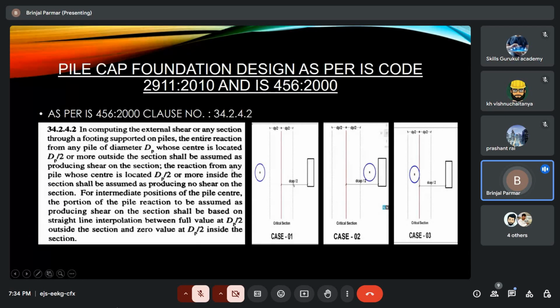The reaction from any pile whose center is located dp by 2 or more inside the section will be assumed to produce no shear on the section. For intermediate positions of the pile center, the portion of the pile reaction to be assumed as producing shear on the section will be based on straight line interpolation between the full value at dp by 2 outside of the section and zero value at dp by 2 inside of the section. So it's quite difficult, so there are some more figures.